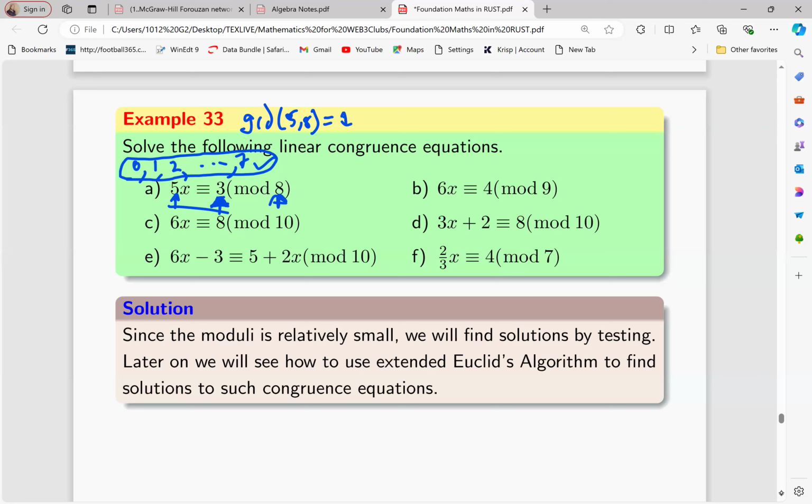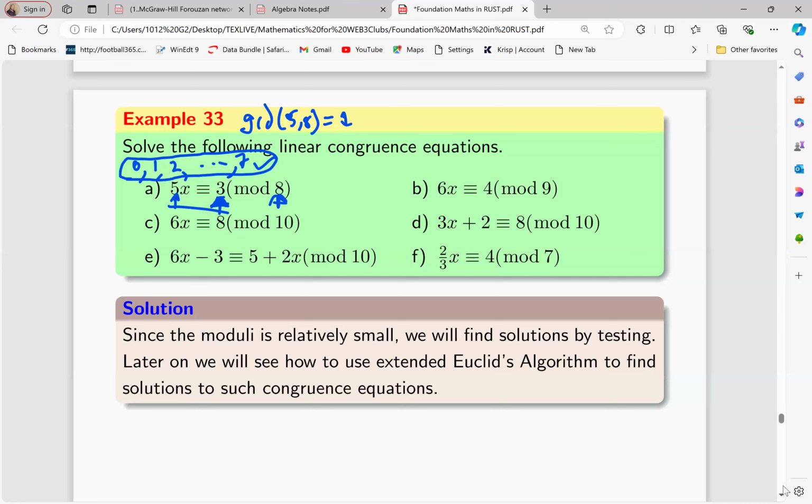Another way that I can do that is by use of the inverse. It will work out the inverse of 5 in this case, and then multiply the inverse on both sides. So in some cases, you can have Rust code that has the Euclidean algorithm to find the GCD, and then from there has a method of calculating inverses and giving you the results.